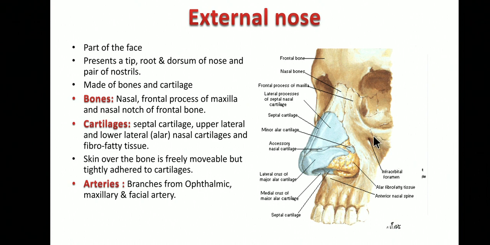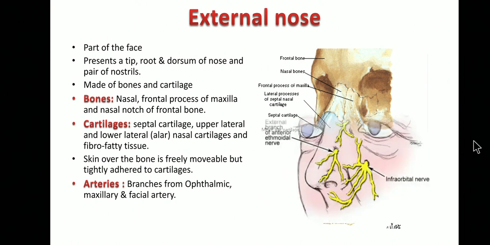Then the infraorbital artery, which comes out through the infraorbital foramen, also supplies the sides of the nose. And the anterior-inferior part is supplied by the septal branches of the facial artery.